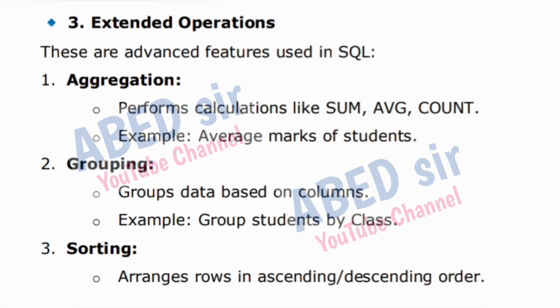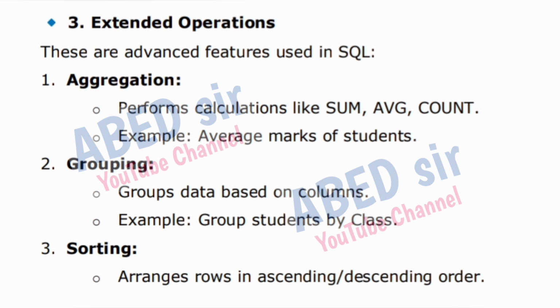3. Extended operations. These are advanced features used in SQL. 1. Aggregation. Performs calculations like sum, average, count. Example: average marks of students. 2. Grouping. Groups data based on columns.